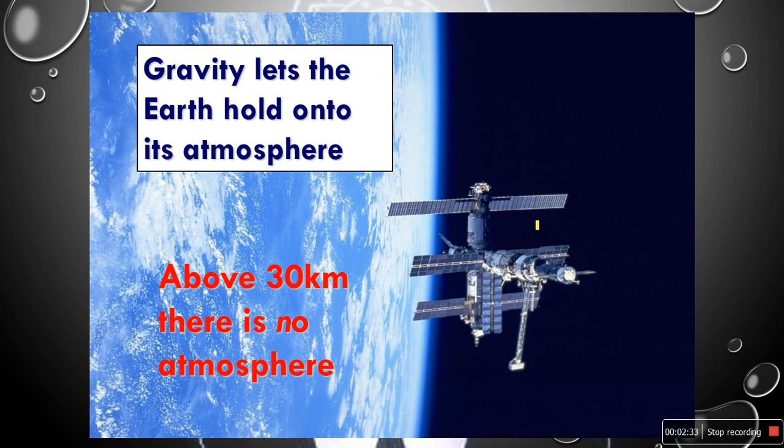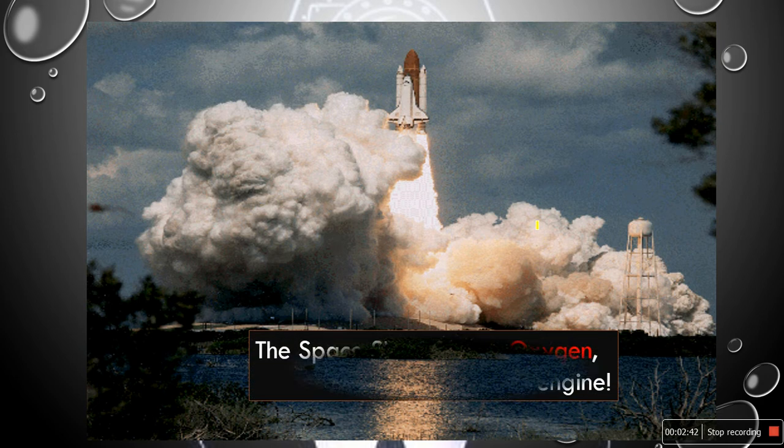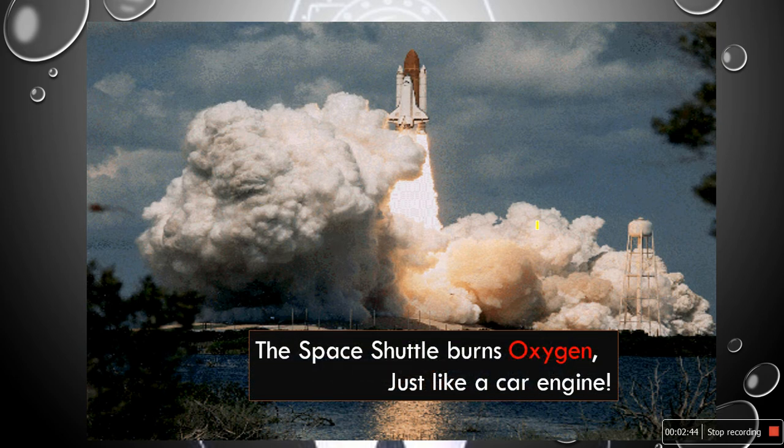The gravity lets the earth hold onto its atmosphere only, but above 30 kilometers there is no atmosphere. The space shuttle burns oxygen just like a car engine.